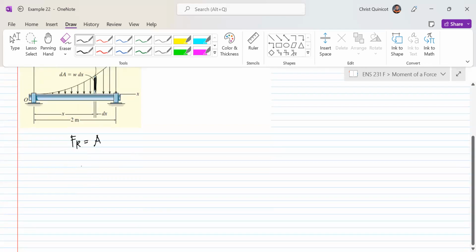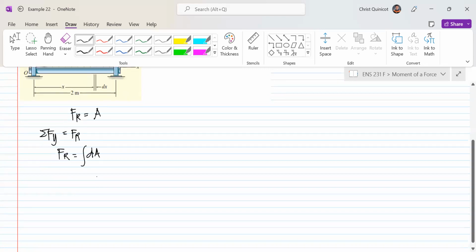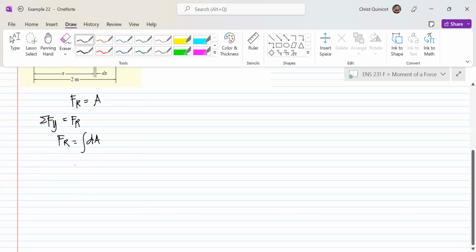So F sub r, if we do summation of forces, since all of our forces are going down, summation of forces y is equal to our resultant force. So F sub r is equal to the integral of our differential area, of course, over that entire area. And our area is equivalent to w of x dx, wherein x is the entire length.